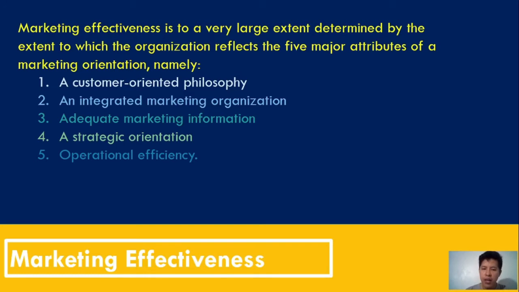Do you have adequate marketing information? What is your strategic orientation? Are you operating efficiently? We will be able to determine how effective an organization is in terms of marketing when we deal with these following points.